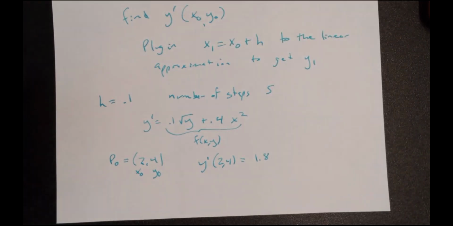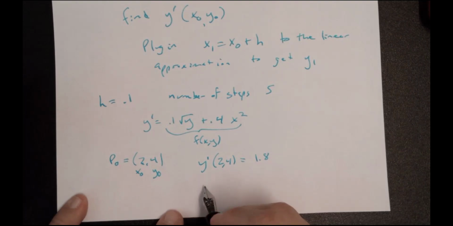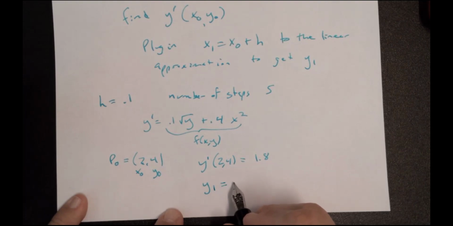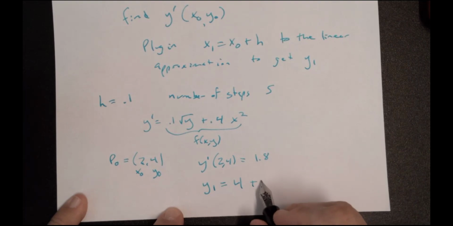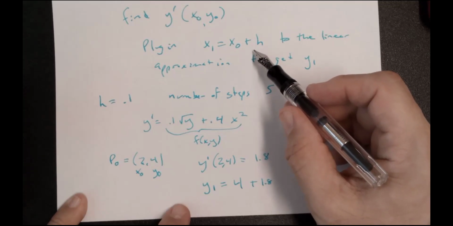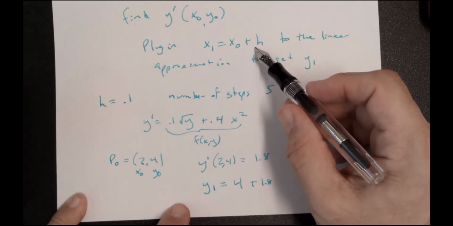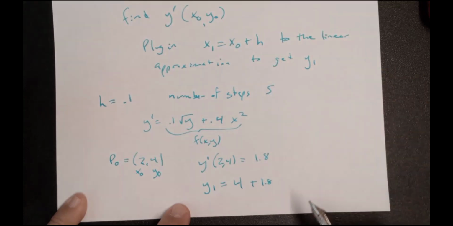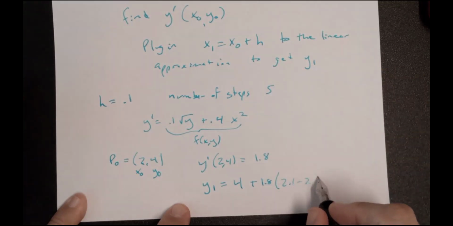Now, our linear approximation. What was our linear approximation again? We wrote the equation down earlier: f of a plus f prime of a times x minus a. Well, wait a minute. The new x value is just h units bigger, right? So this is going to be 2.1 minus 2.